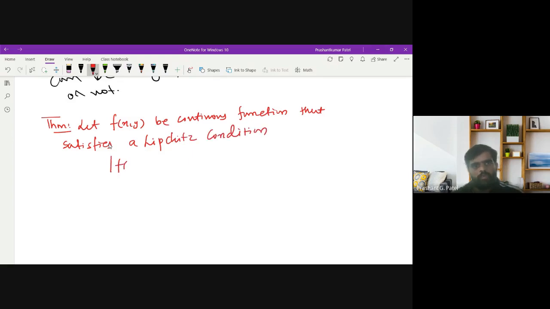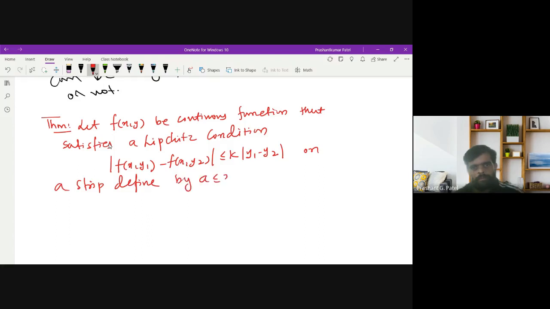That is, mod of f of x, y1 minus f of x, y2 is less than or equal to k times mod of y1 minus y2 on a strip defined by this, with y from minus infinity to plus infinity.